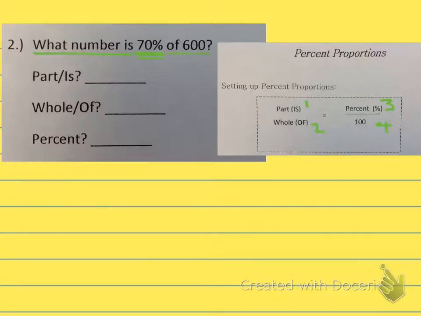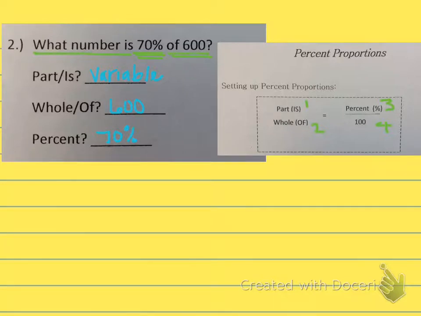And of 600, that keyword of, is in our second spot. So part or is is our variable. Whole or of is 600 because it says of 600, and percent is 70%. So we're going to use that when setting up our proportion.